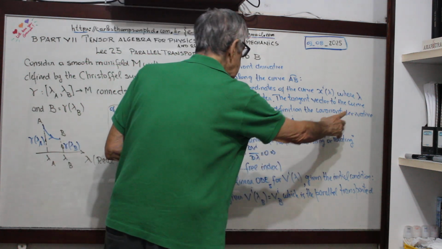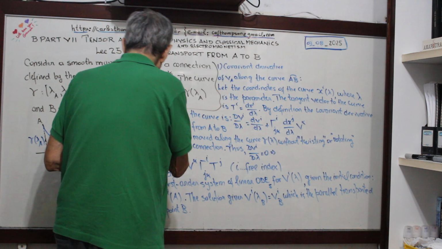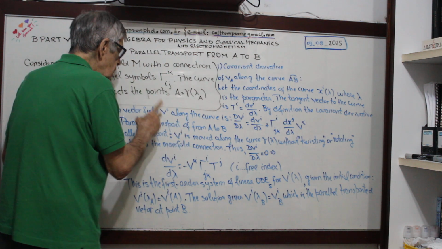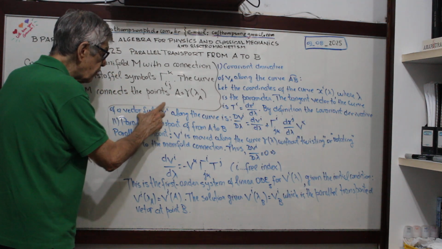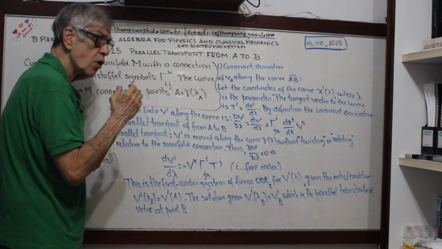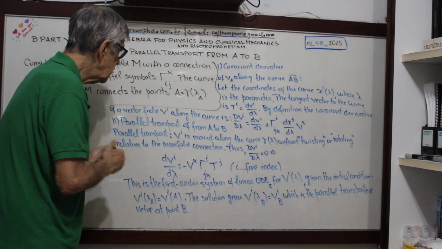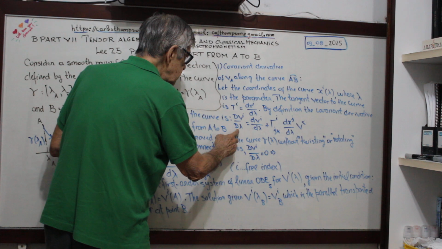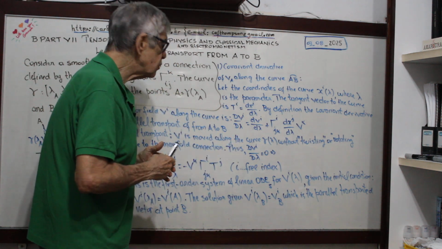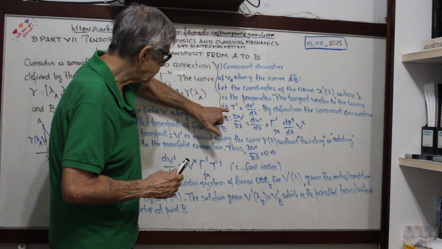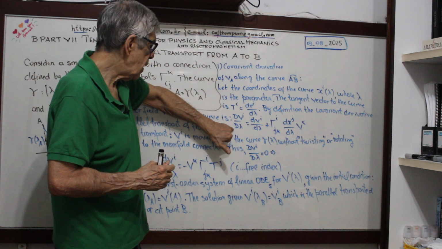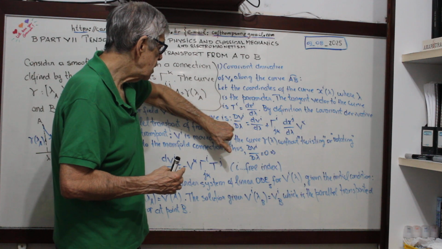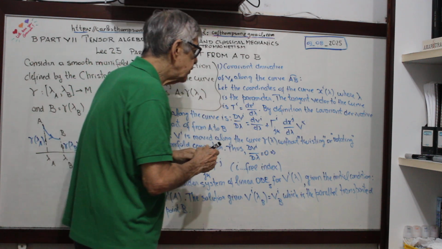By definition, the covariant derivative of a vector, this is VI, this component. Attention, this is a contravariant component which belongs to the vector space. Now, along the curve, this is capital D. Sometimes in the literature you substitute this capital D by the operator capital delta.